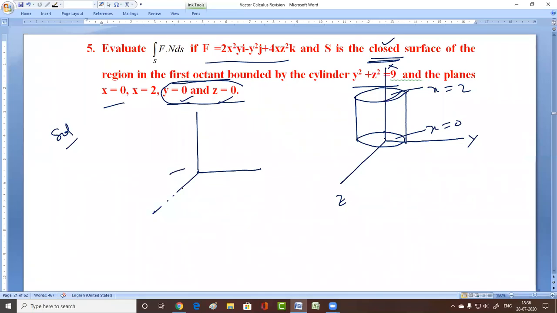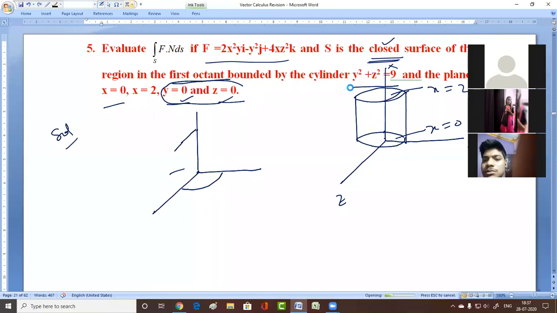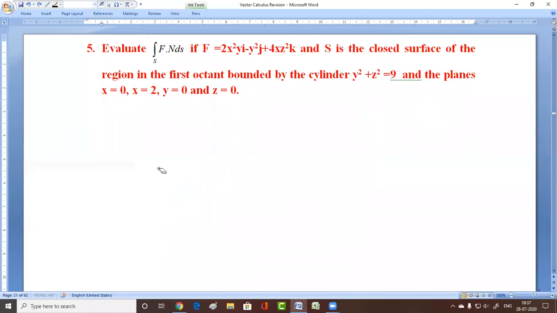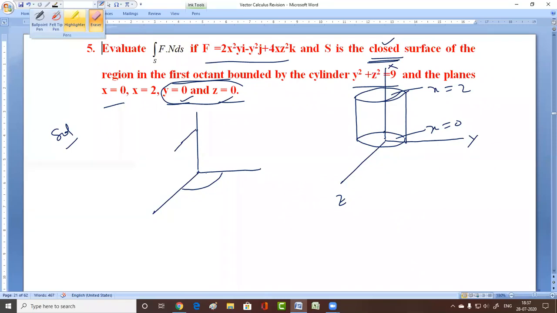This is the cylinder. Listen carefully, this is the most important one.